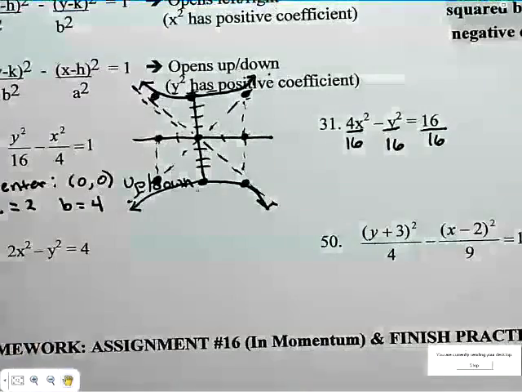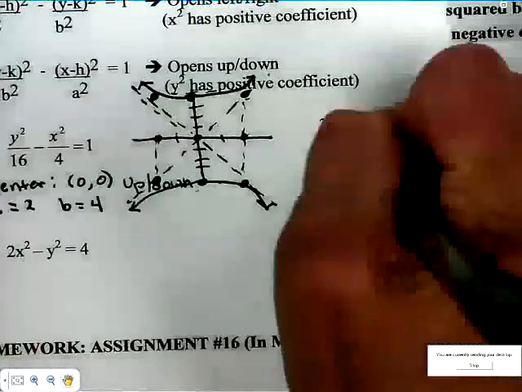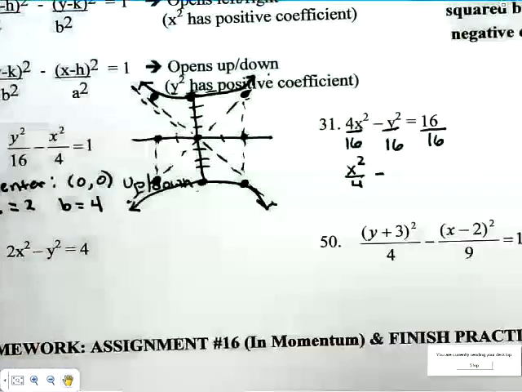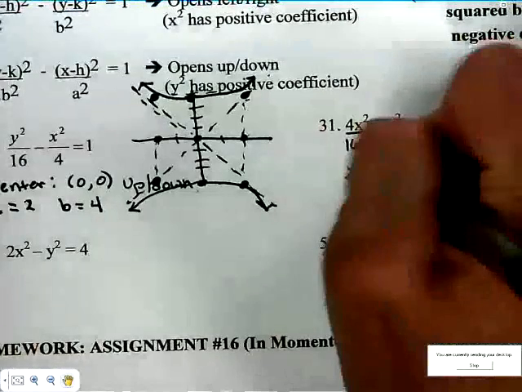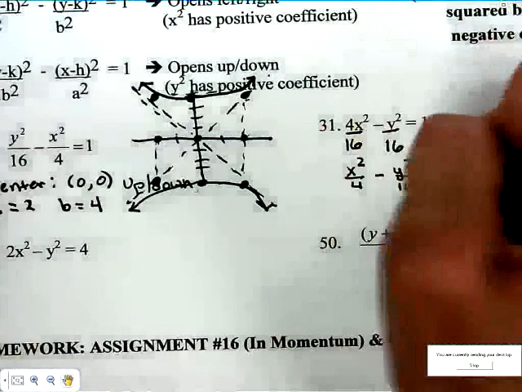The first term simplifies to x squared over 4. The second term stays y squared over 16. And there's the 1 that you need on the right-hand side.